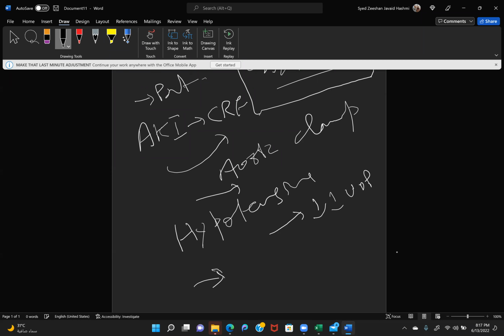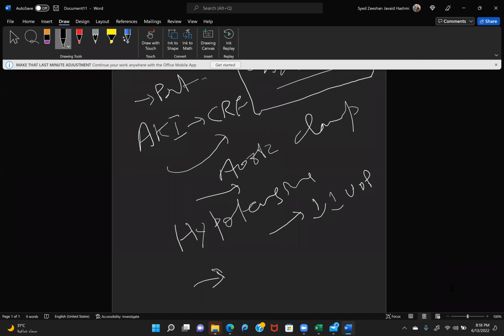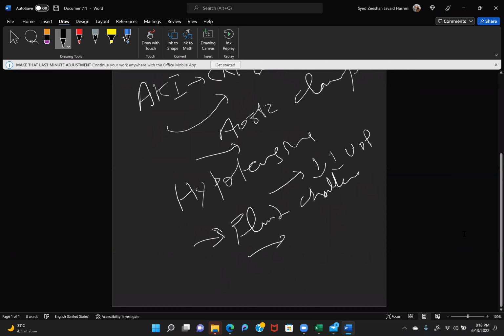usually in any patient, you will be looking at the color of the urine. And then maybe you can give a fluid challenge. For that you need to know the fluid status, and you will be doing any correctable thing which you can do.